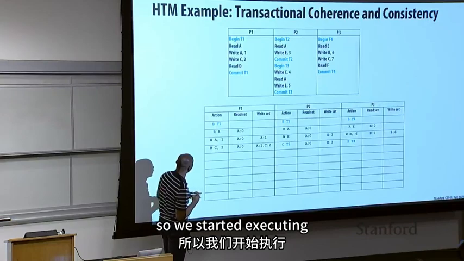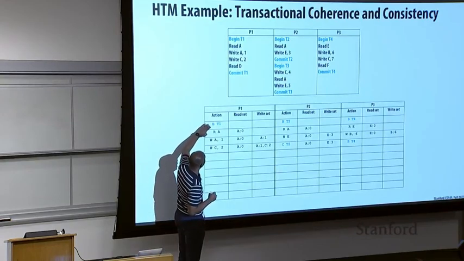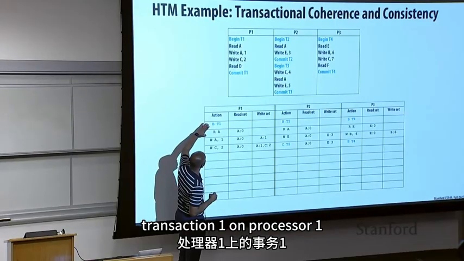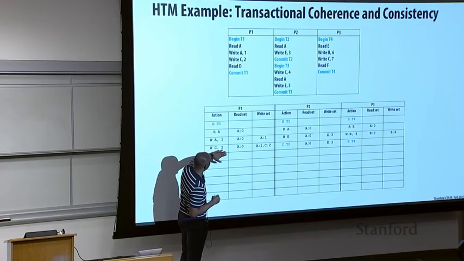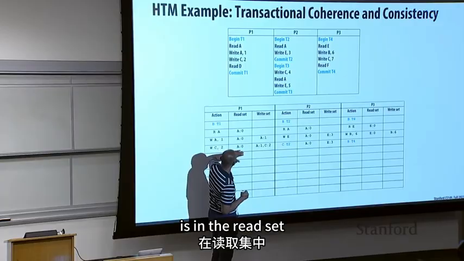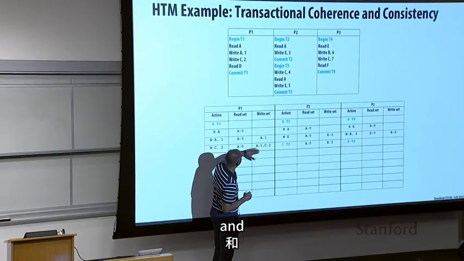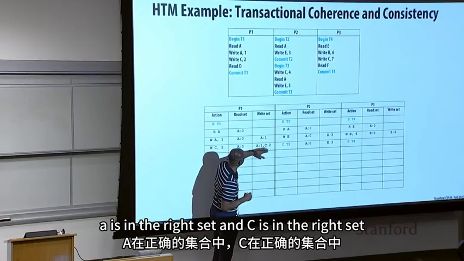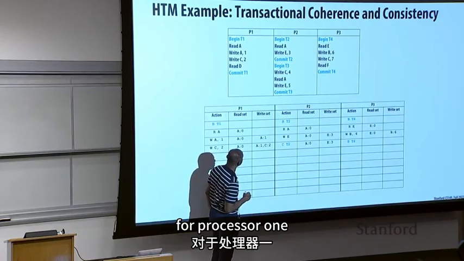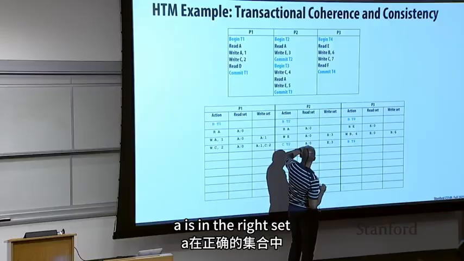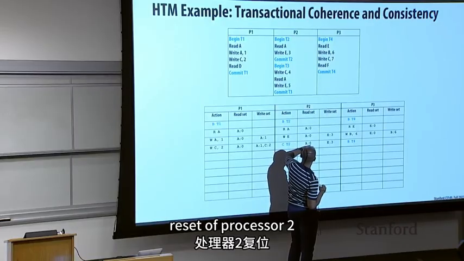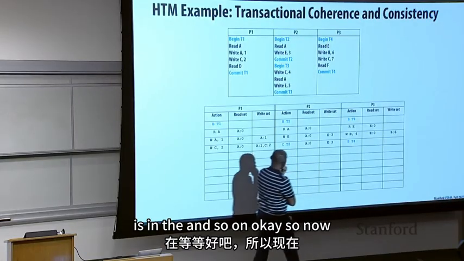We started executing transaction 1 on processor 1, and at the point at which we do this write of C, A is in the read set, and A is in the write set, and C is in the write set for processor 1. A is in the read set of processor 2, and so on.